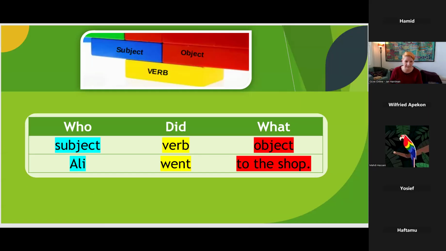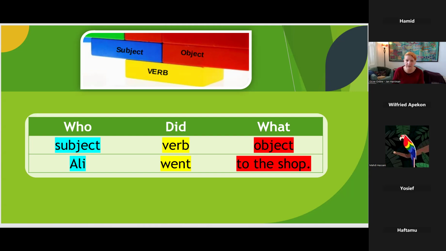Hold on. So here's our simplest form of an English sentence. Ali went to the shop. There we go. We've got a subject. We've got a verb. We've got a predicate or object. We know who did what. That is an English sentence.